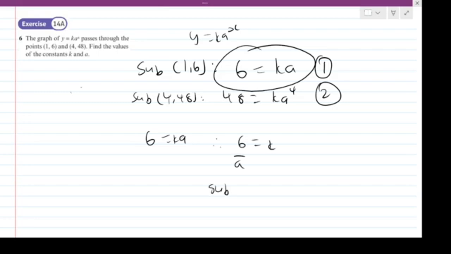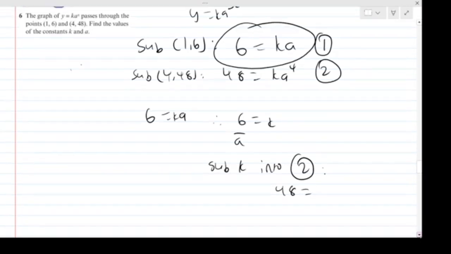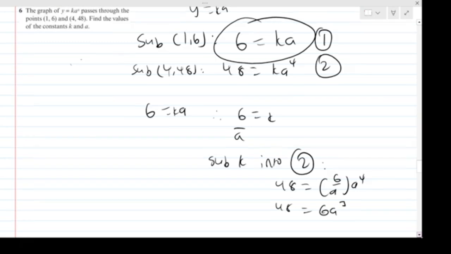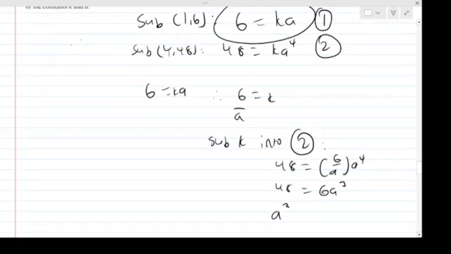Then you would sub k into the other equation, and so then you'd get 48 is going to be ka to the 4. What we know, k is 6 over a, lots of a to the 4. That's 6a cubed, okay? Because the a here will cancel with an a of a to the 4. And then I'll get a cubed is 48 over 6, which is 8.